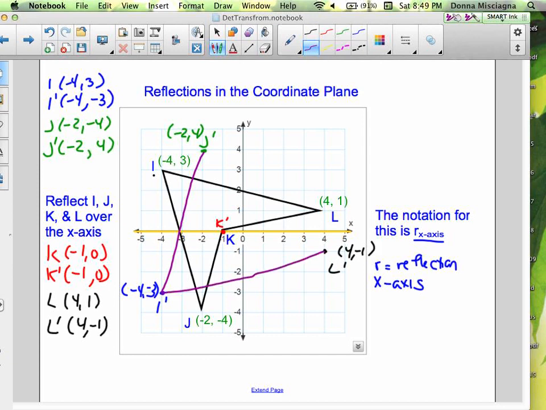Because I is connected to J and L, then it has to be connected to J prime and L prime. And then L and J both connect to K. So now L prime, oops, that was a little bit too steep there. L prime to K prime and J prime to K prime.